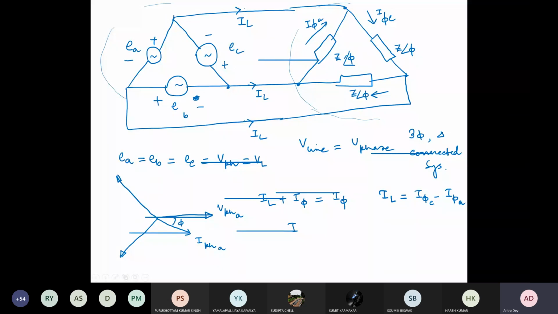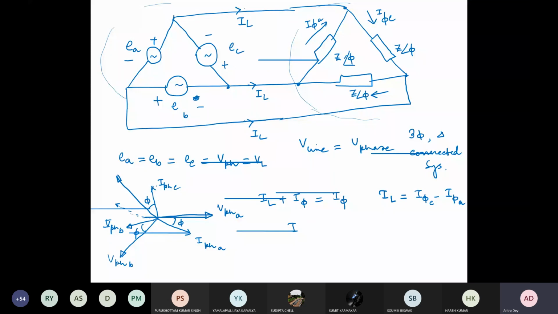This is your V phase B and the same load, so this is phi, I phase B. This is phi, I phase C. So what is your line current? Line current IL here is equal to I phase C minus I phase A. So what is your I phase A? This is your I phase A, so minus of that means it is somewhere here.